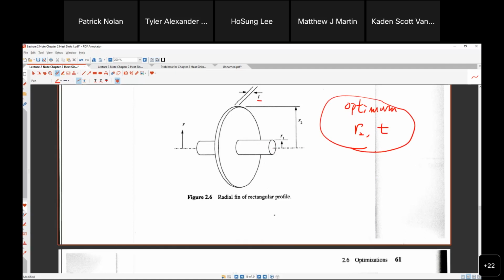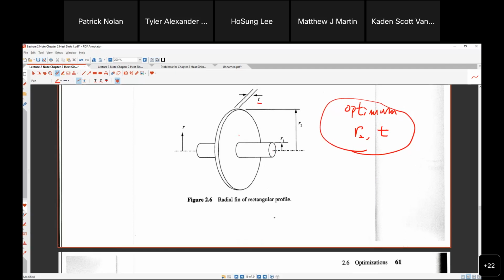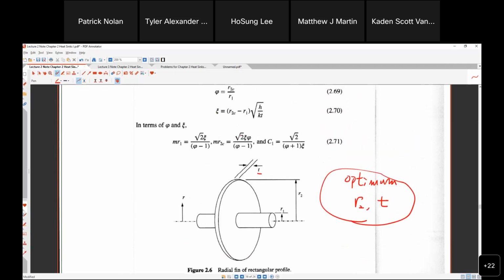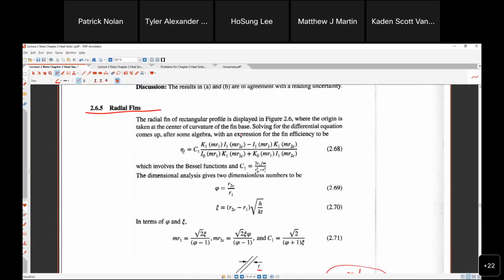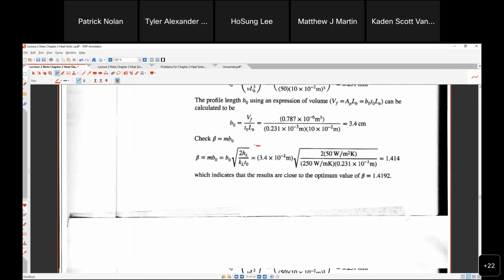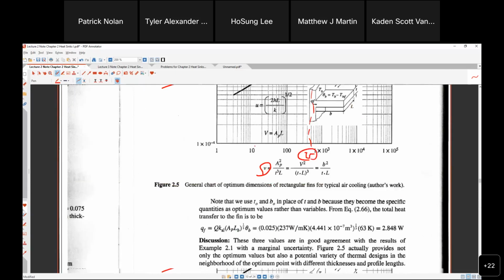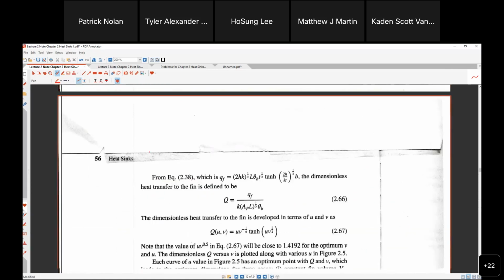Then I think it's a little more complicated because we have to solve this, a little complicated efficiency. I'm sorry, I have to talk about efficiency. I skipped the efficiency. Now it's time to talk about efficiency.